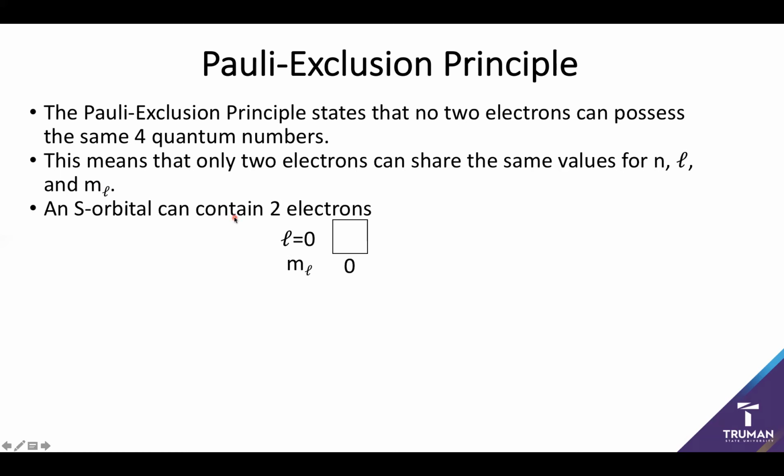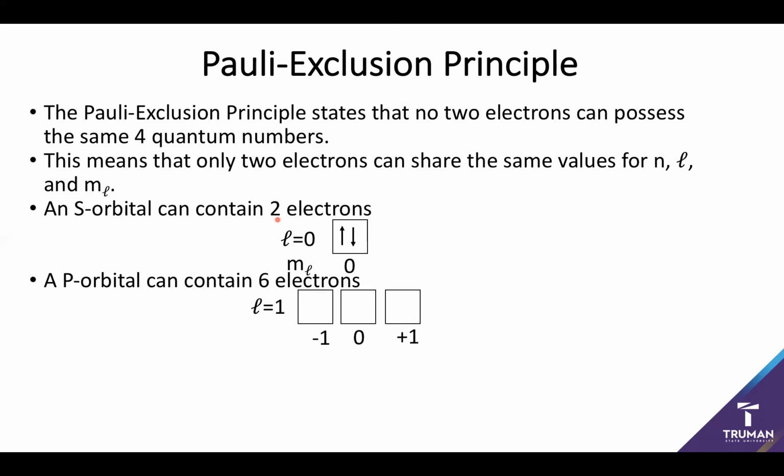If I'm looking at the s subshell, also called the s orbital, because we only have one for a given n value, it can only contain two electrons, one up, one down. So any s orbital, no matter the n value, only has two electrons. Any p subshell can only contain 6 electrons because I have 3 separate orbitals, -1, 0, and +1, and each one can only contain 1 electron, up or down.